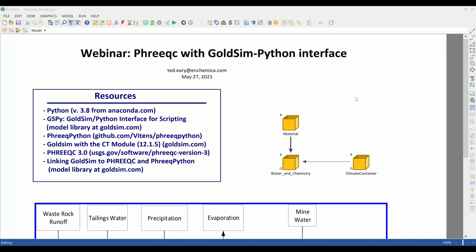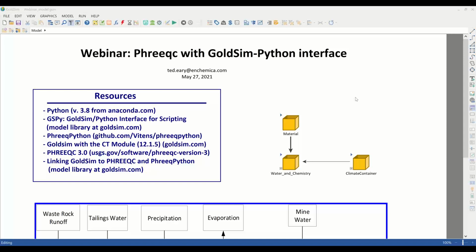Next, you need to install the PhreeqPython wrapper. This is a wrapper which allows you to use a Python implementation of the Phreeqc software, and you can get that from GitHub. I've listed the website here.